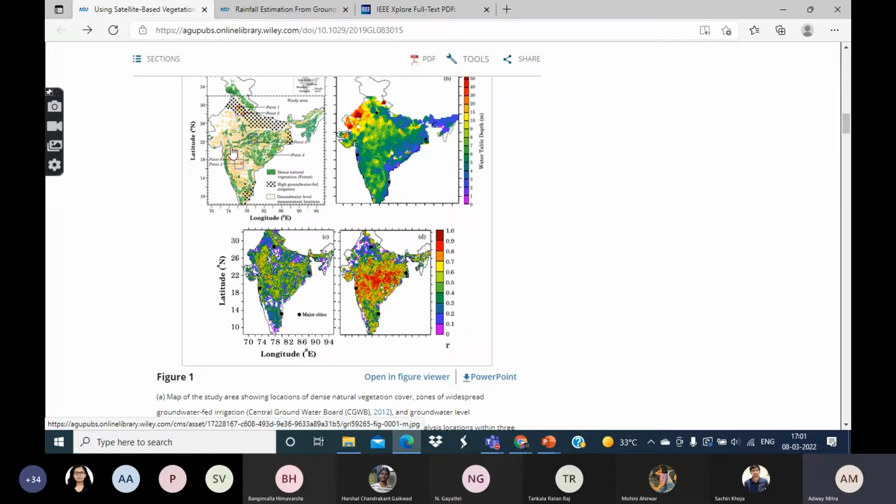this is the map of India, and here they have shown the dense natural vegetation. So these are the places of naturally forested regions where there is a high natural vegetation. Their claim is that in these regions, the estimate of the water table is particularly accurate.